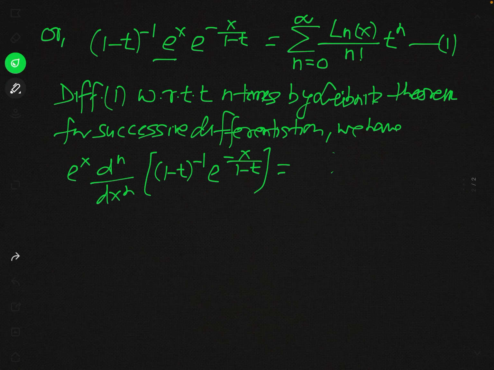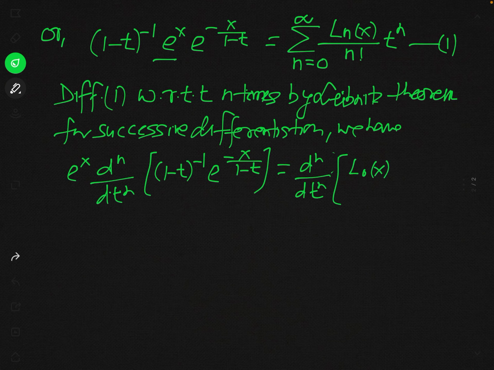This will be d^n, sorry, here will be dt, not dx, because we are differentiating with respect to t. So d^n/dt^n, and now we will simplify this summation term.